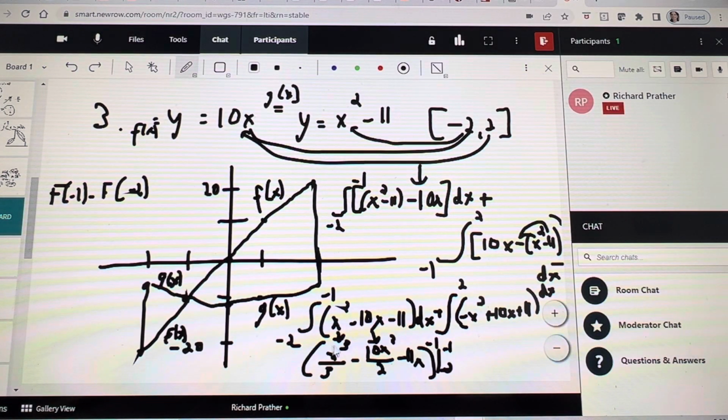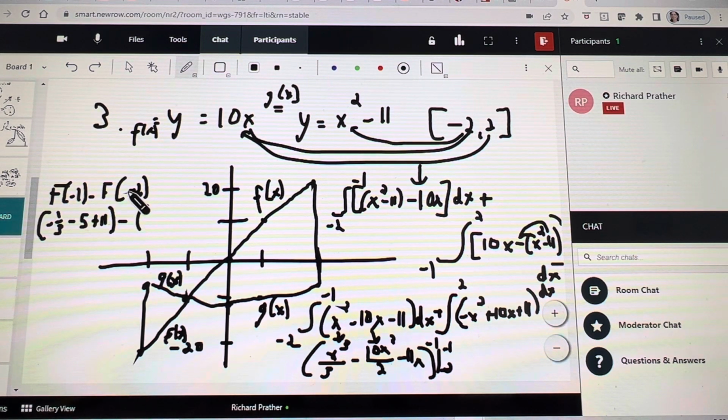So we got to plug in -1. We're going to get -1 to the third, which is -1 over 3. -1 squared would be 1. And then -10 divided by 2 is -5. And then -1 times -11 would be +11. All of that is big F of -1.